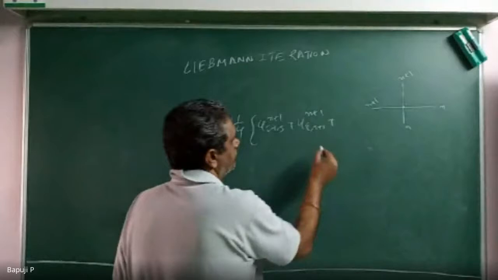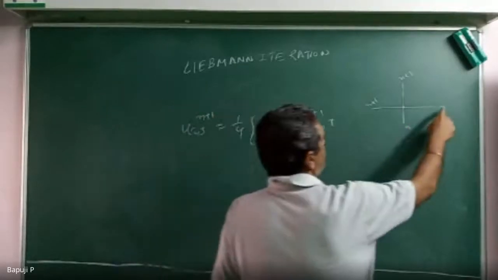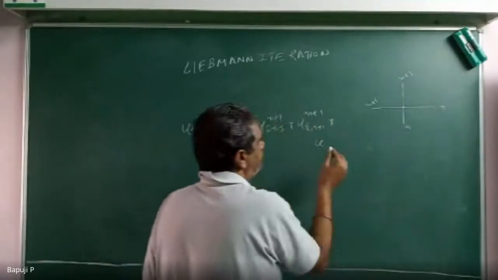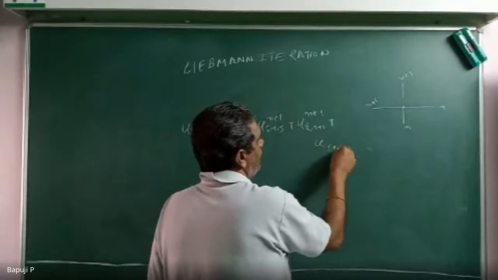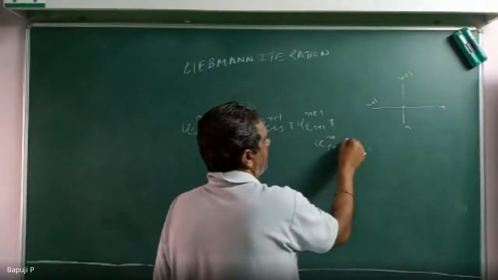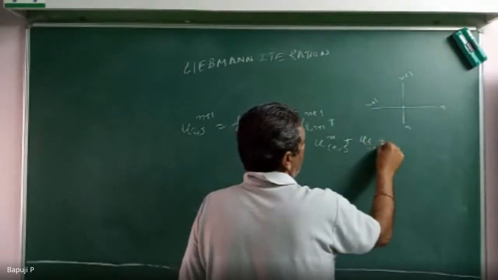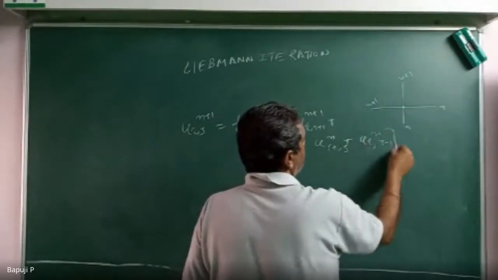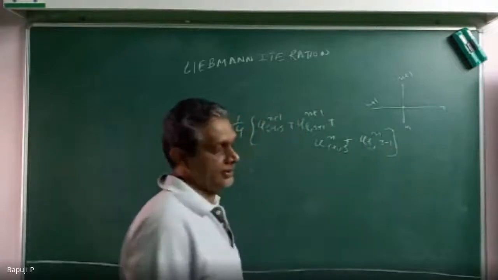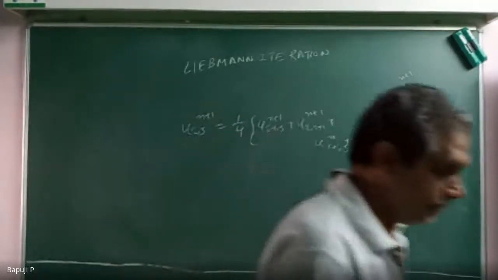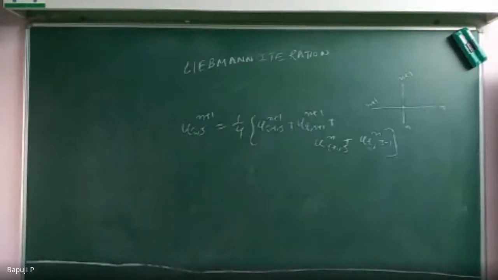This is called Liebmann iteration. Note it down fast. While doing the problem I'll explain, don't worry.